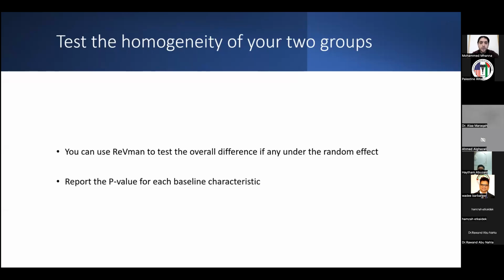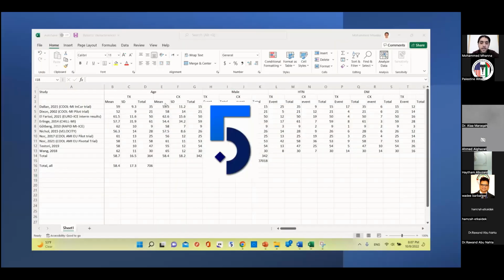So don't worry if you don't get how to conduct an analysis in RevMan today, because we will do this again with Aziz. I just wanted to show you how we can test the homogeneity of the baseline characteristics in your included patients.